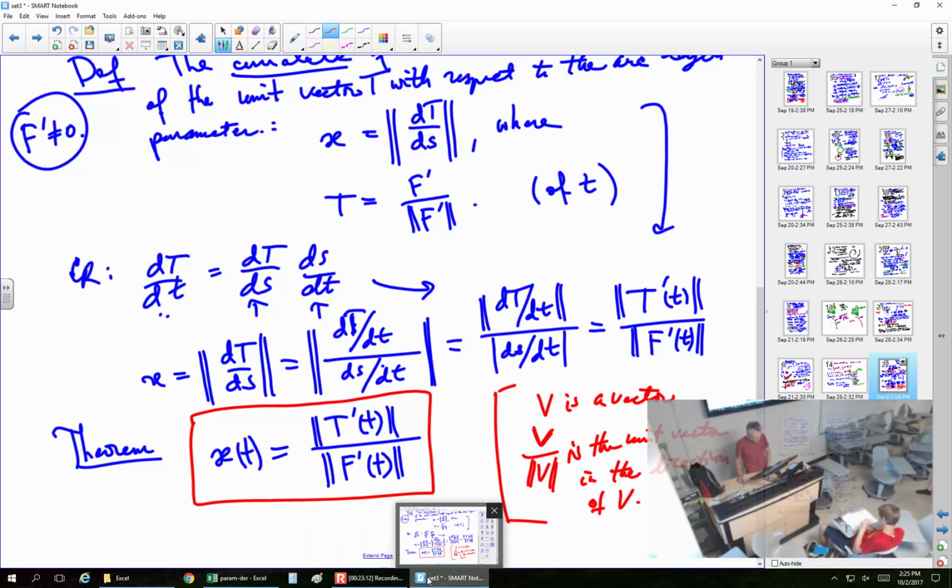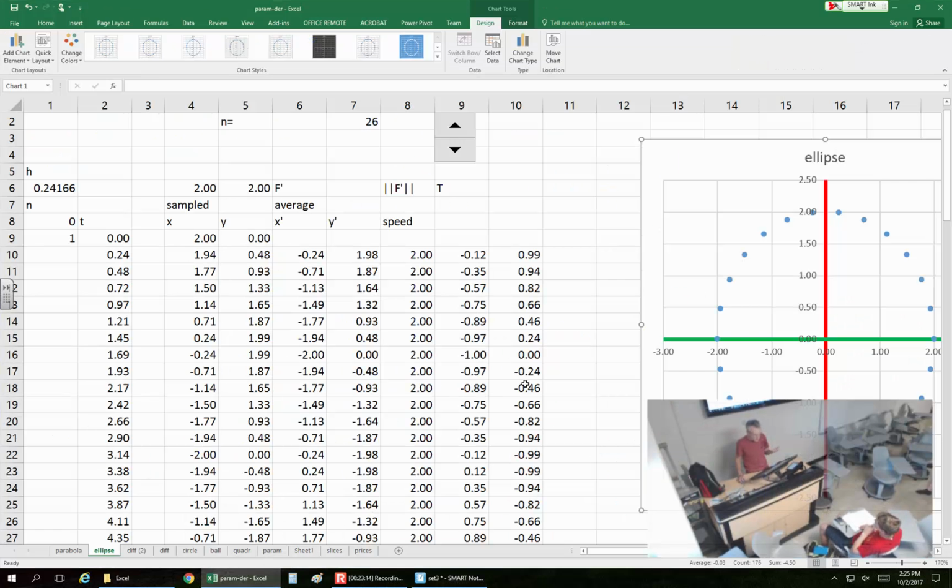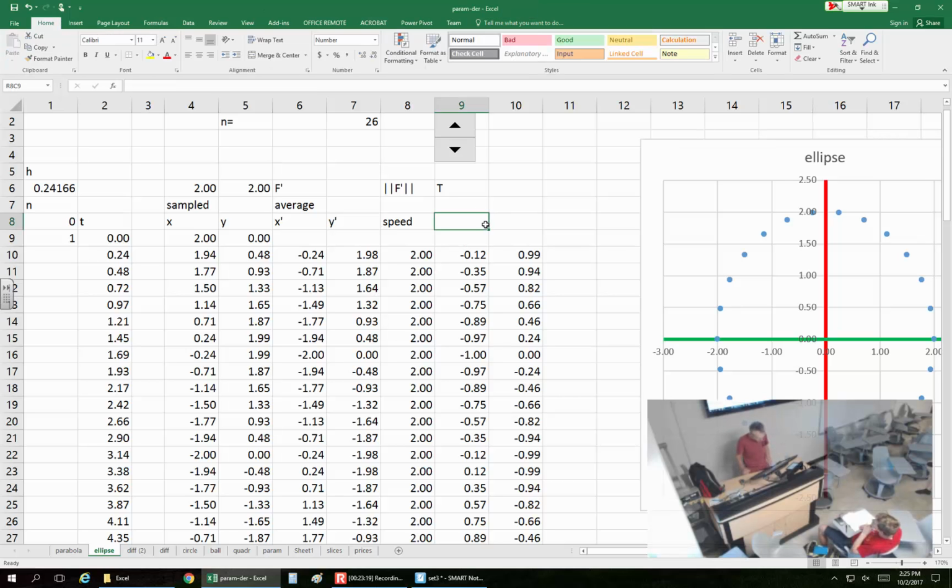Okay, so now differentiate. How do we differentiate? Here T, x and y, now we're moving on to T prime. How do we compute T prime? In the same way, same formula, difference quotient as we always have. We already did it once, and we have to do it twice. Remember, the curvature is ultimately about the second derivative.